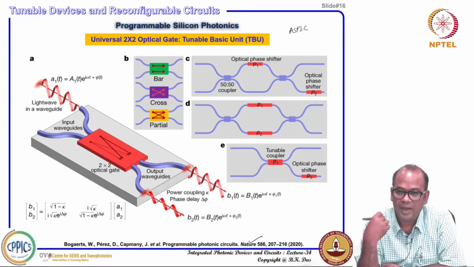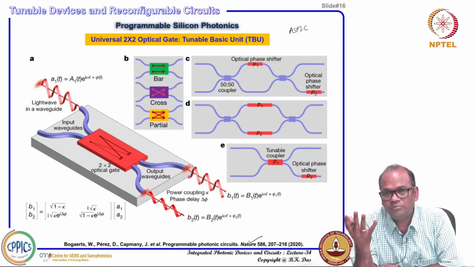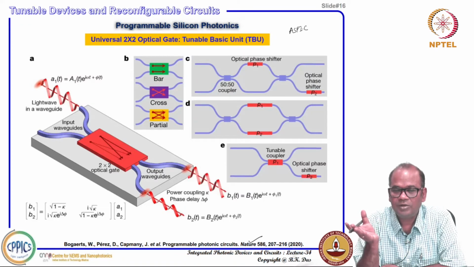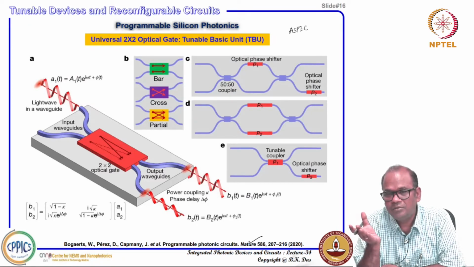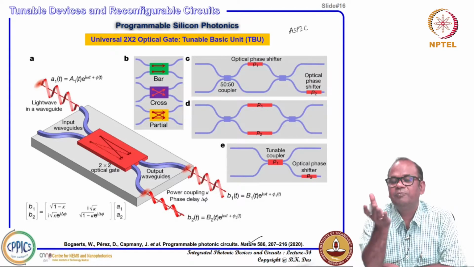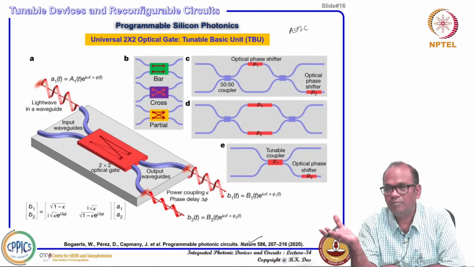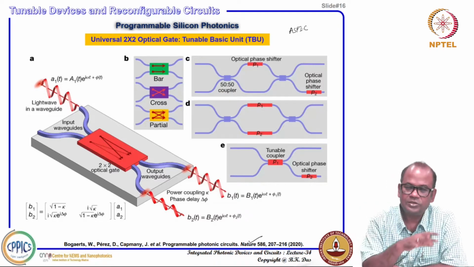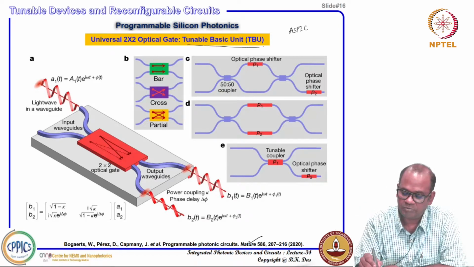Now, if you can somehow program your optical gate, then you can route your signal to different paths, and feed the output of one signal to multiple devices, so that you can get different functions using this so-called tunable basic unit.